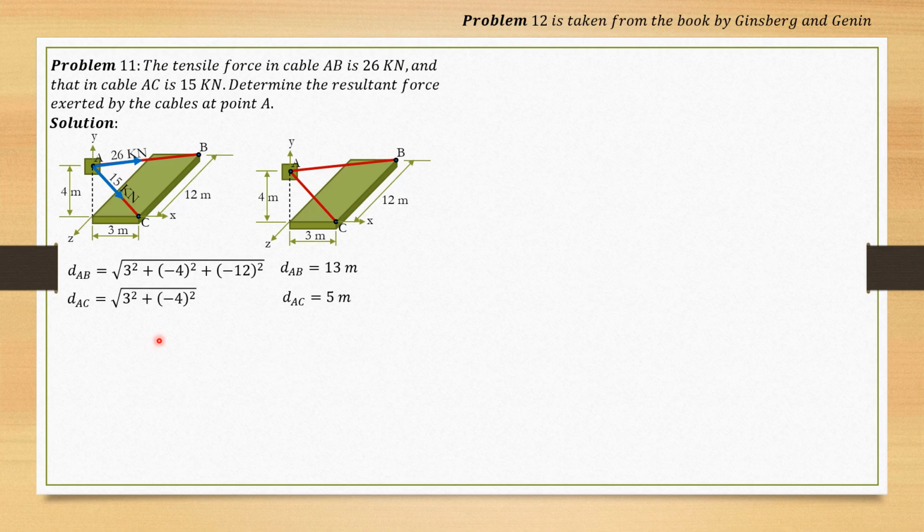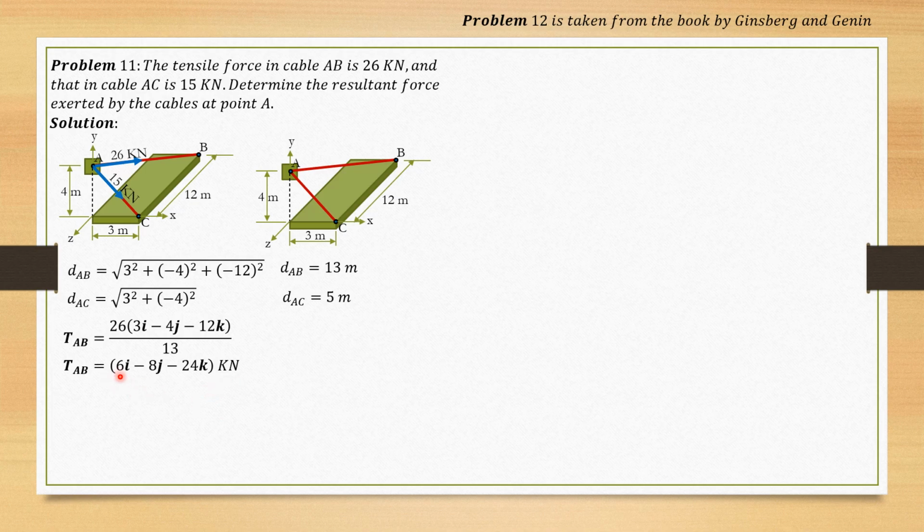So let's compute the components of the resultant. Tension AB in vector form is 26, the force, times the components of distance, so we have 3i minus 4j minus 12k over 13. So tension AB in vector form is 6i minus 8j minus 24k kilonewtons.